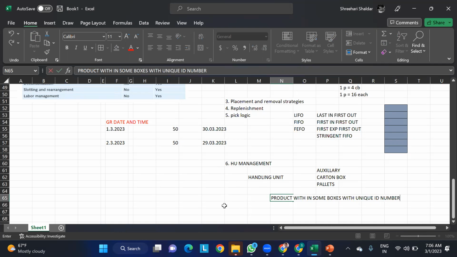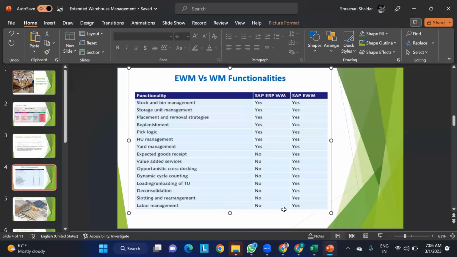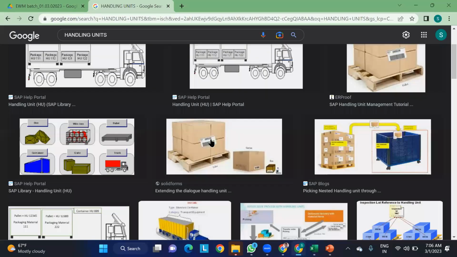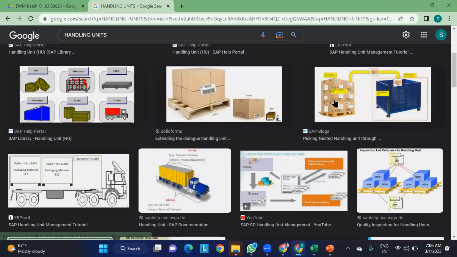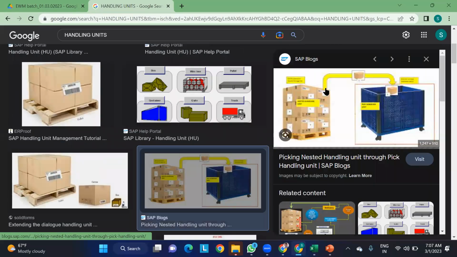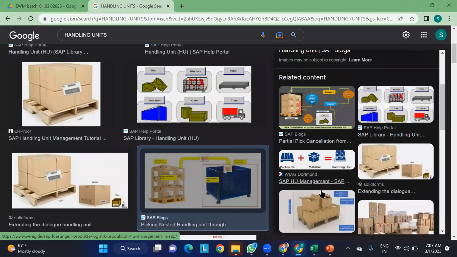All these handling units come with a unique identification number. If you check over here, different handling unit numbers are maintained. That is how the handling units will be maintained.